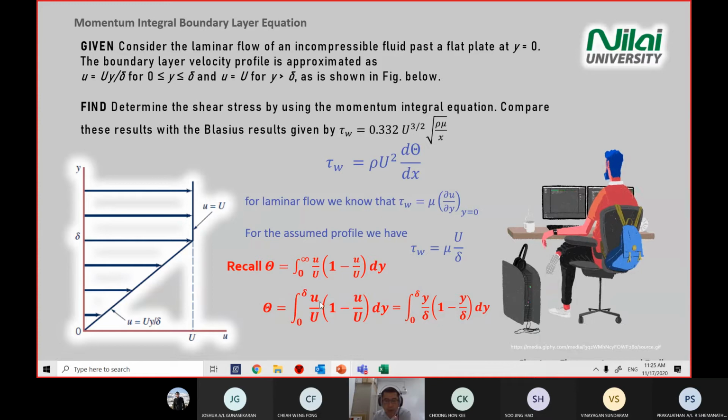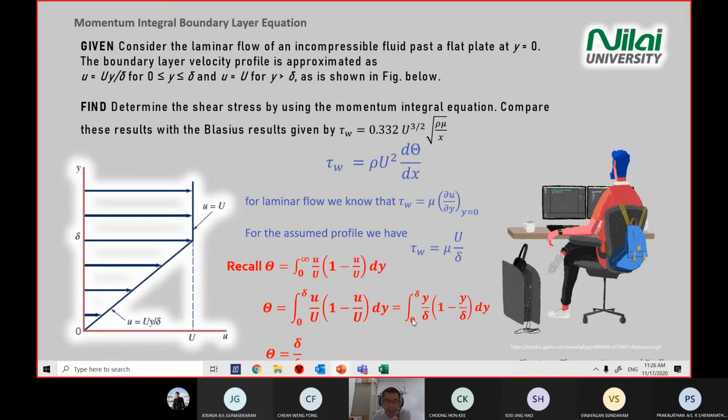There's no velocity content inside here. You only see the y and delta. All right. Now, so far we only put together our mathematical model. We further simplified it with the terms that we have in the question.